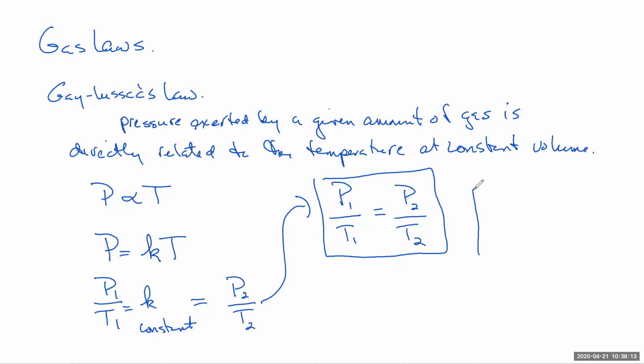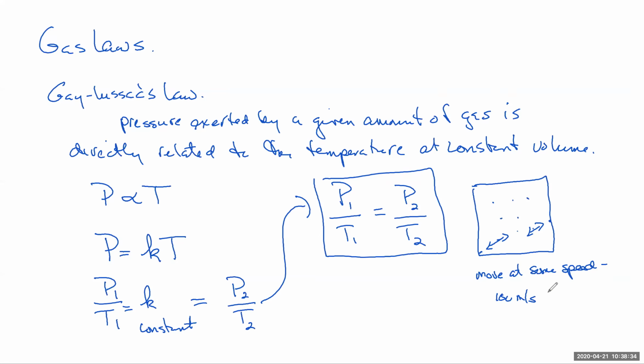So this kind of makes sense, because if you have a sample of gas and they're moving at a certain speed, they're going to collide with the walls of the container. Let's just say they're moving at 100 meters per second.